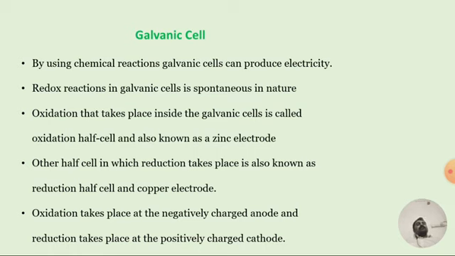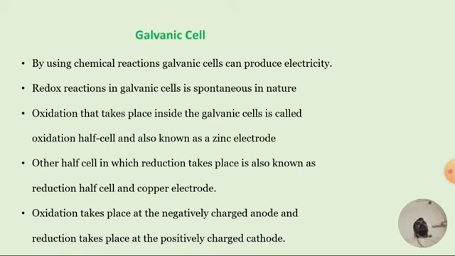And the other is another half cell. Since one cell is getting oxidized, the other part should be the reduction part, which will get reduced. That place is known as the reduction half cell, for example the copper electrode.